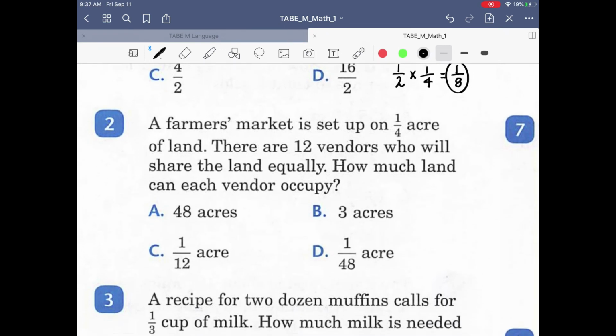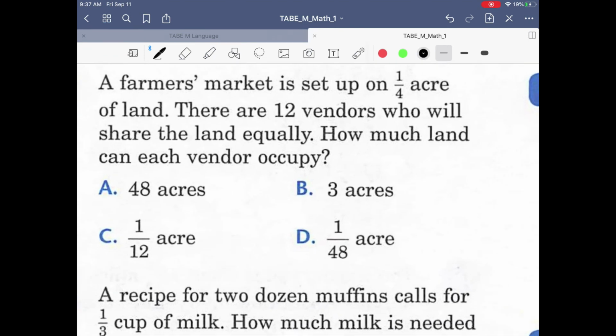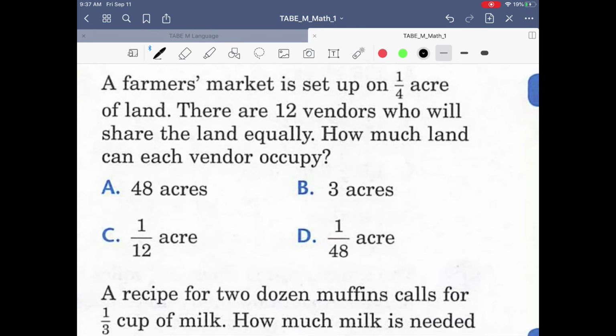Number 2. A farmer's market is set up on a 1/4 acre of land. There are 12 vendors who will share the land equally. How much land can each vendor occupy? So the words in the problem are telling me that I need to divide.